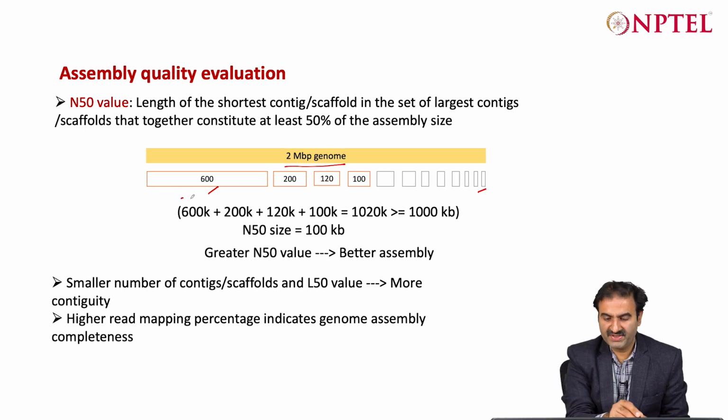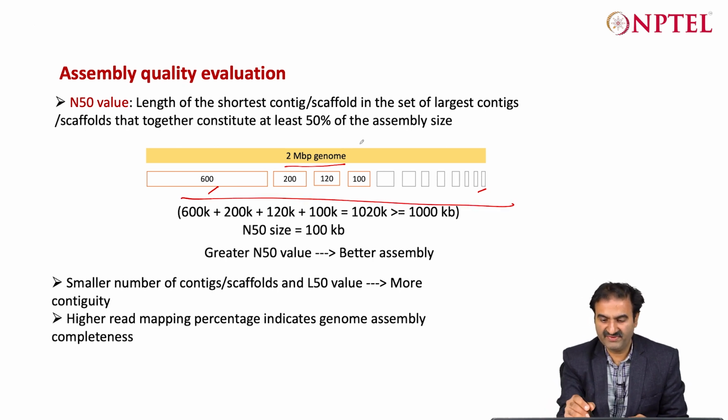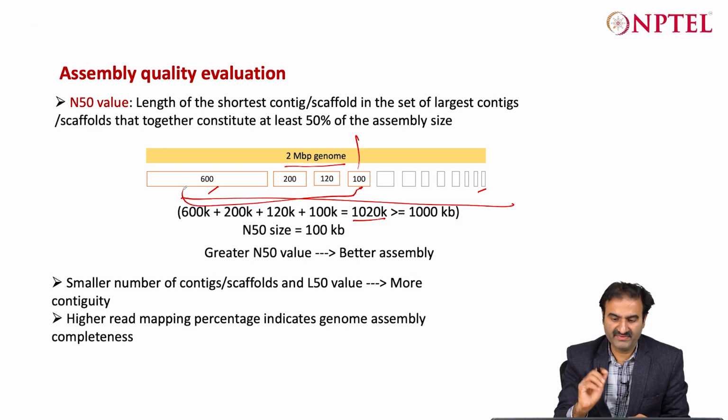If you see this picture, halfway is somewhere here. Based on the total assembly size, half, up to 100, is where I am getting a median point representing at least half of my assembly.